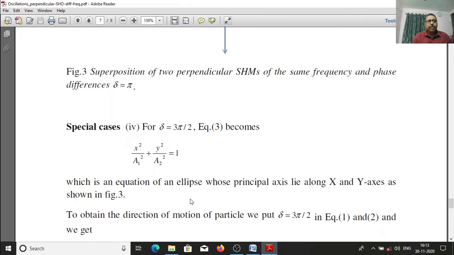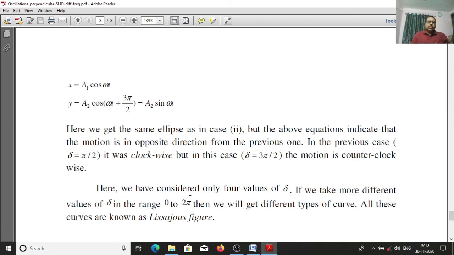x equal to a1 cos omega t and y equal to a2 cos of omega t plus 3 pi by 2, equal to a2 sin omega t.